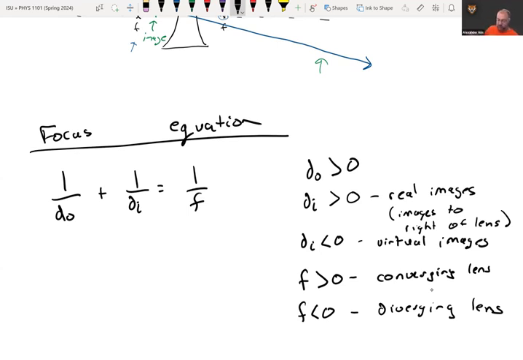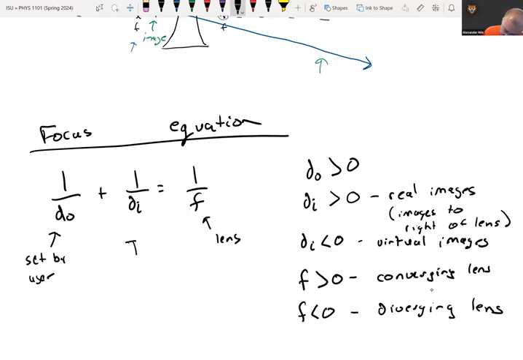Now, this one basically, f is determined by the lens. Your DO is almost always set by the user, not always, but this is something that tends to be independent. Again, like I say, not always. Like if you're constructing a telescope, a lot of times you'll just let DO be functionally infinite, in which case your image is basically going to be projected at the focal length, but that's a little bit beyond the scope of what I want to talk about.